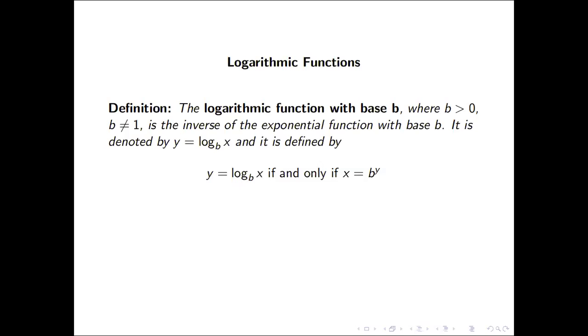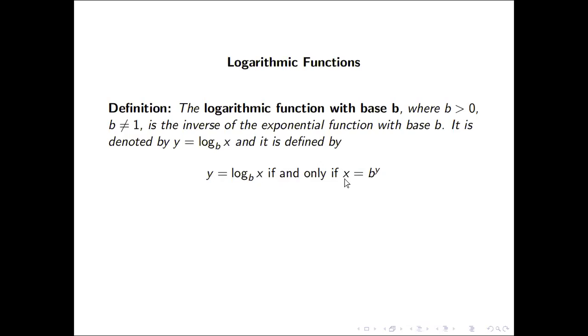Instead of wanting to know the result of raising to an exponent, we want to know what the exponent is to which I should raise 2 to get 8. Instead of evaluating 2 to the 3 is 8, I want to know what is the exponent to which I should raise 2 to get the number 8. So I get back to the exponent 3. And that's what the logarithm does. This is, again, by definition, the number to which I should raise b to get x. And if we denote that number by y, then if I raise b to y, I get x by definition.